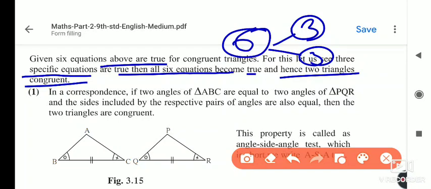Out of these 6, we are using only 3 specific equations for showing the triangles are congruent to each other.